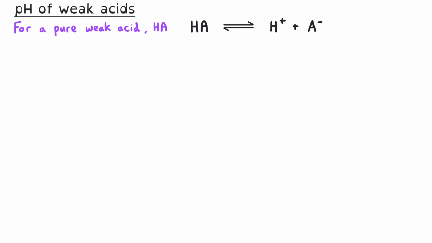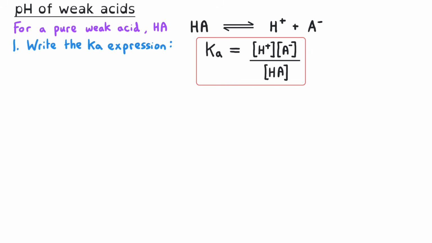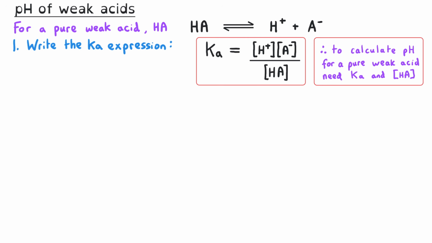To calculate the pH for a pure weak acid, we need to recognize the generic equilibrium for the dissociation of this weak acid and then construct the Ka expression. And this gives us Ka equals hydrogen ion concentration multiplied by A- concentration divided by the undissociated acid concentration. And so to calculate the pH for a weak acid, we only need to know the Ka and the undissociated acid concentration.